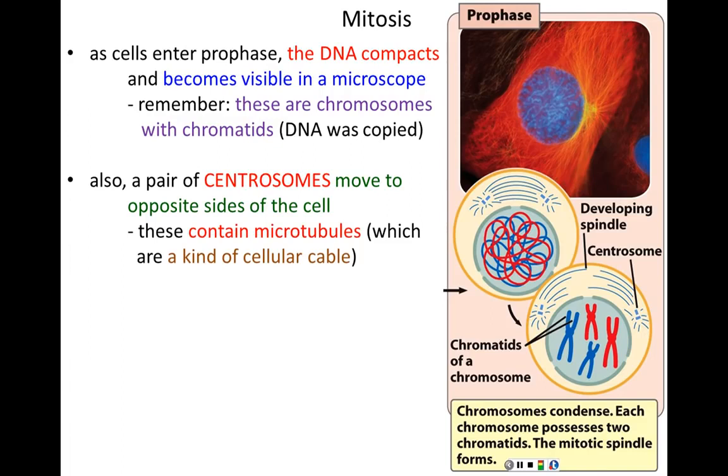What are centrosomes? Well, centrosomes contain proteins called microtubules. Microtubules are a type of protein cellular cable. What I like to think of centrosomes as are fishing poles, spools of fishing line. And these microtubules are the actual fishing line itself. The centrosome is the fishing pole, the place that the fishing line comes from.